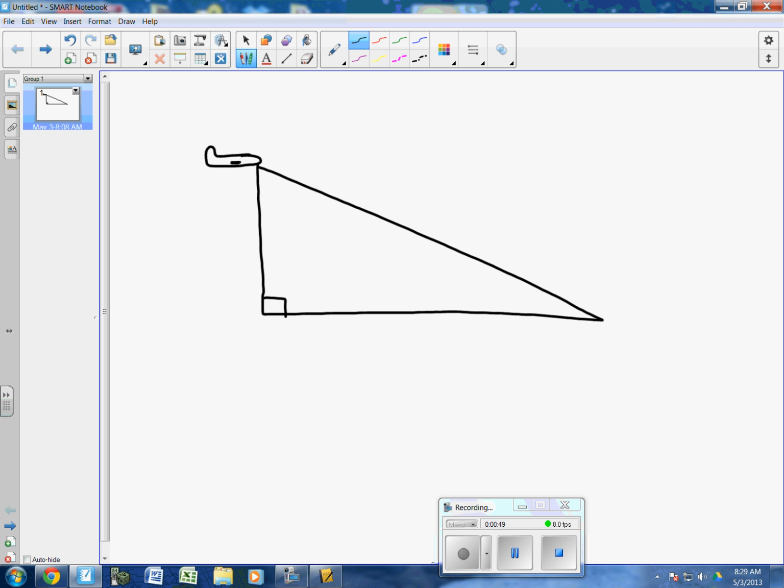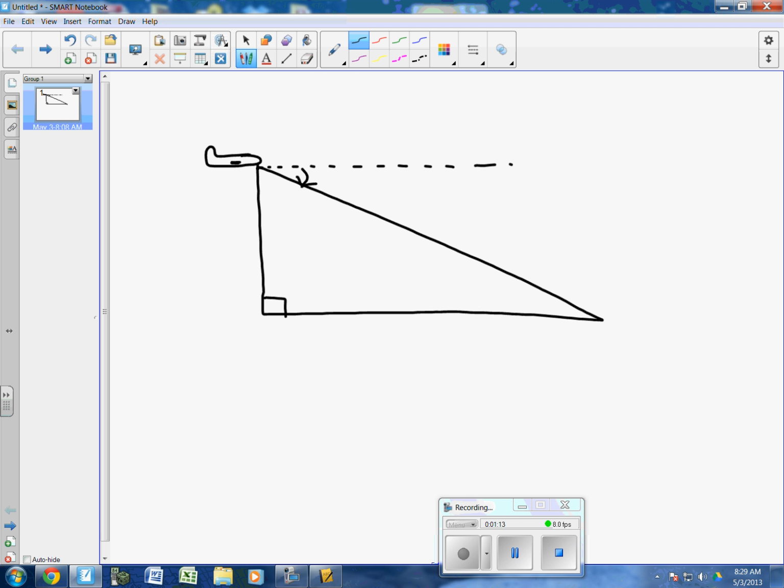If I'm thinking about angle of descent, the angle I'm thinking of is this angle right here. If I drew a line out horizontally from the airplane, the angle of descent would be the angle right there, right? That's the angle it's talking about.